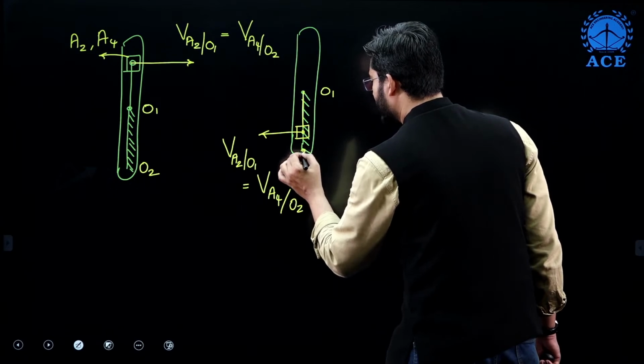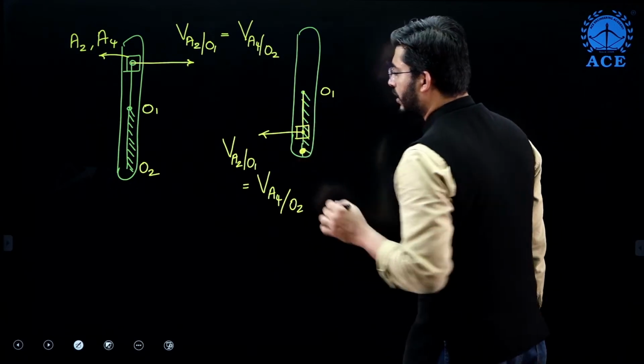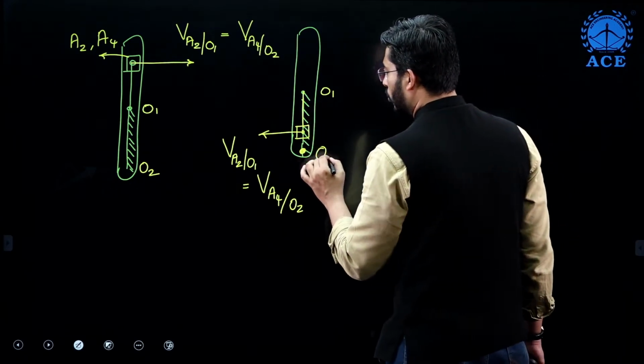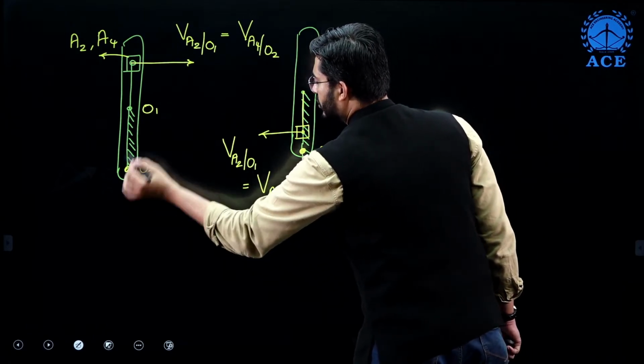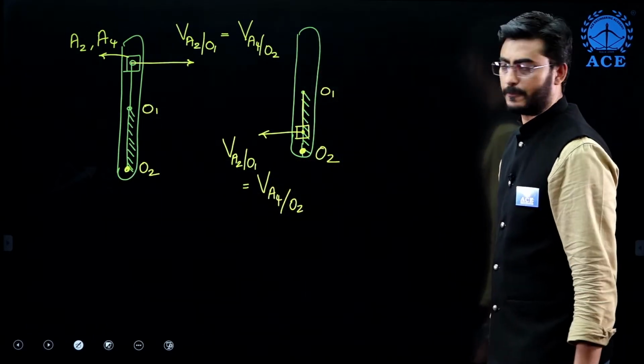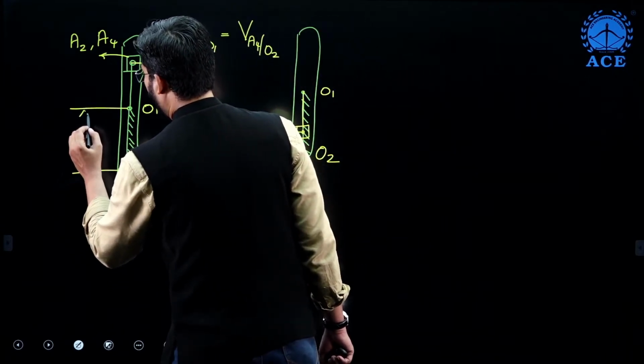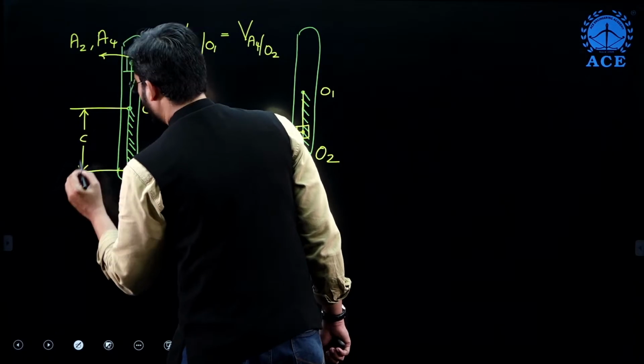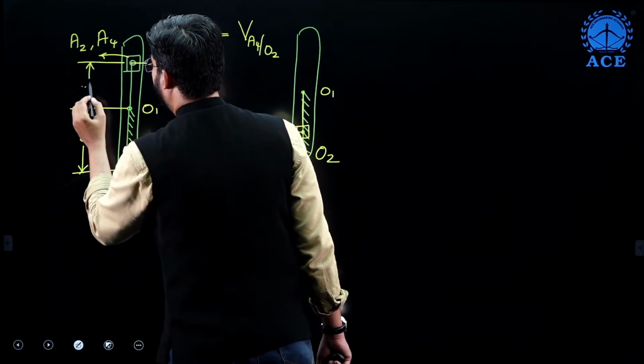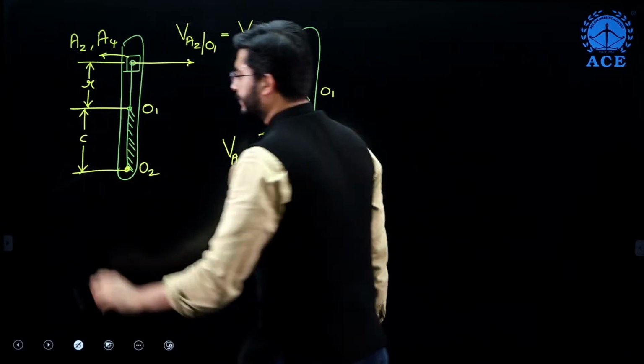So this is the center of rotation of the slotted bar, O2, and even this is also the center of rotation of the slotted bar. Now here the distance between O1 and O2 we call it as C, and this we call it as R, that is length of the crank.